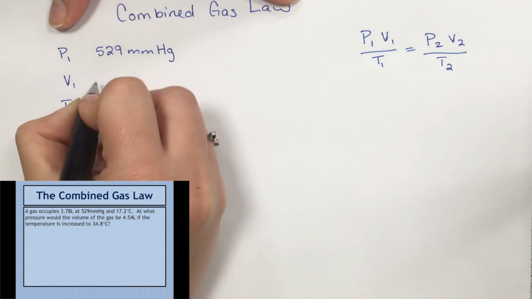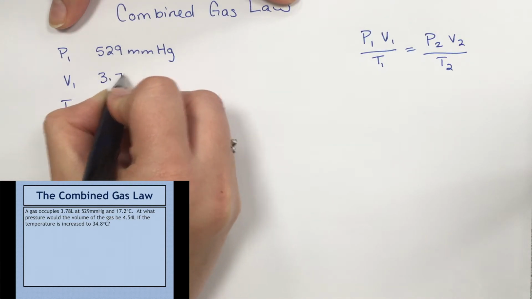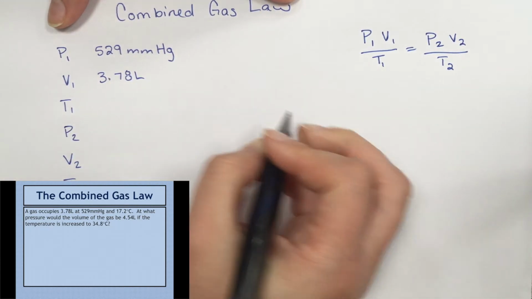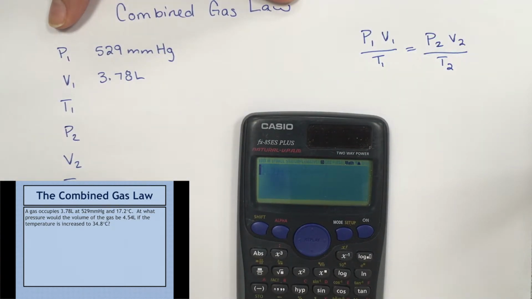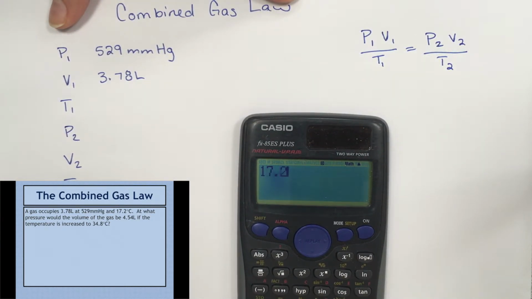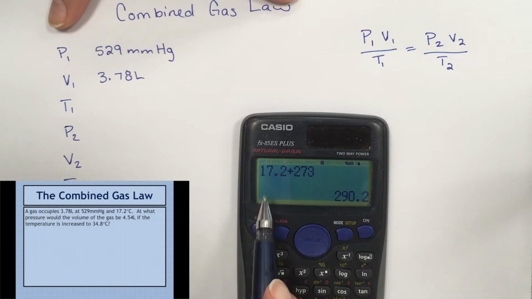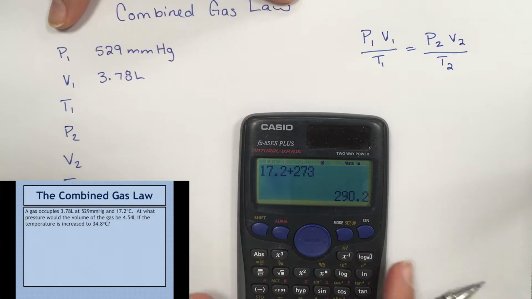The initial volume, 3.78 liters. Initial temperature, we need to convert that to Kelvin, so 17.2 plus 273. So we're going to get 290.2.